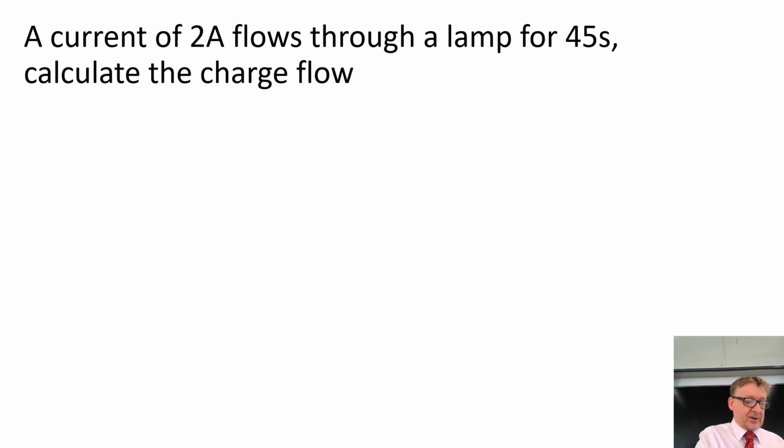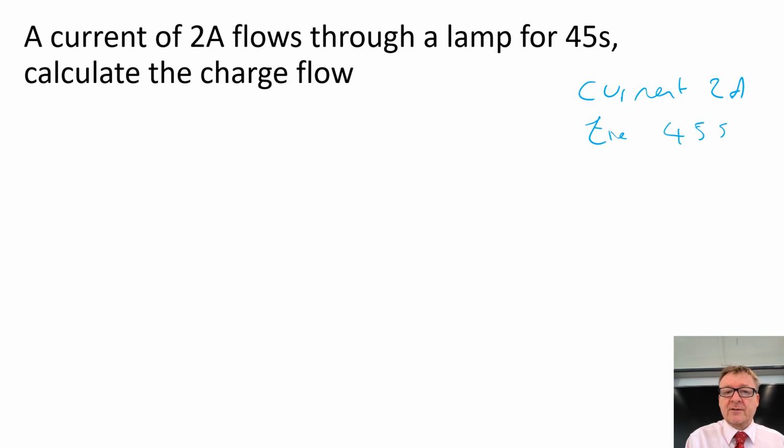A current of 2 amps flows through a lamp for 45 seconds. What is our charge flow? Go to your equation sheet and you need to find current, time, charge flow.